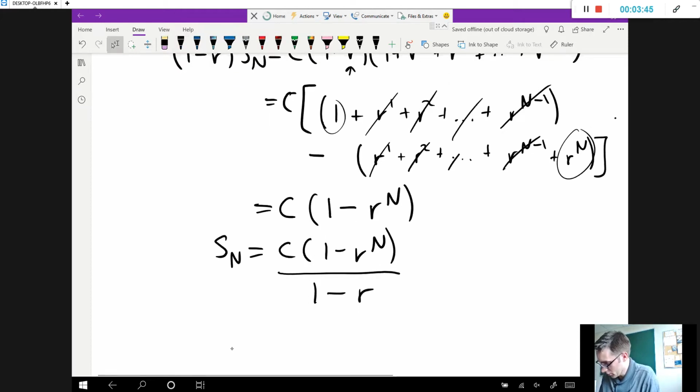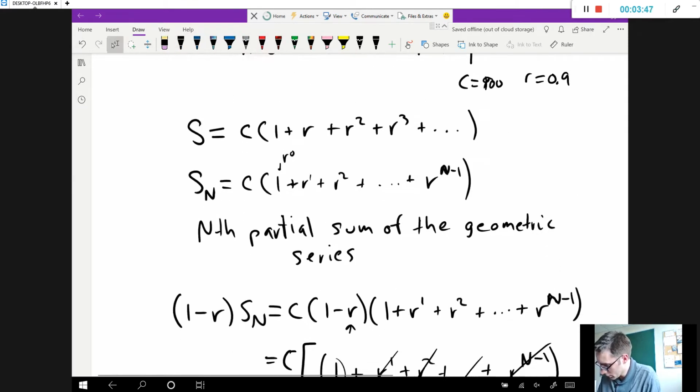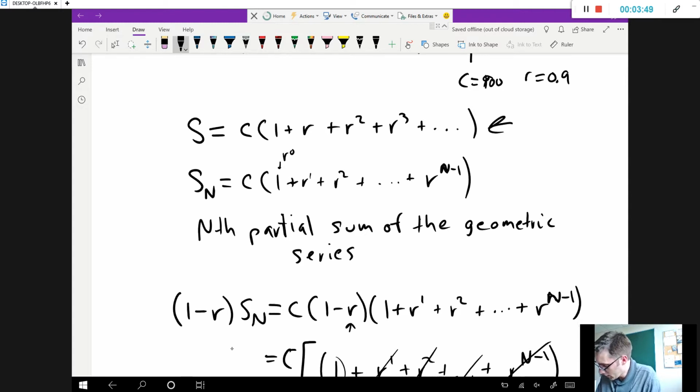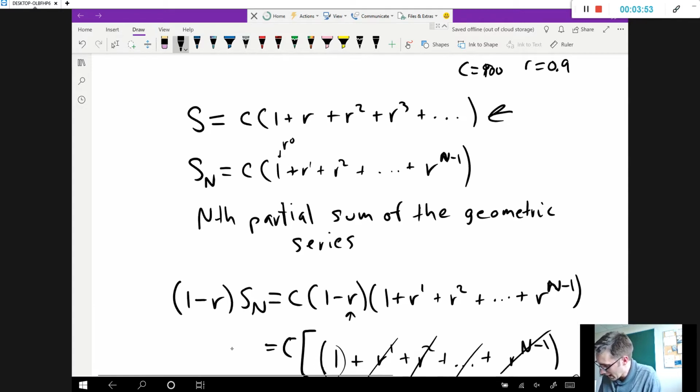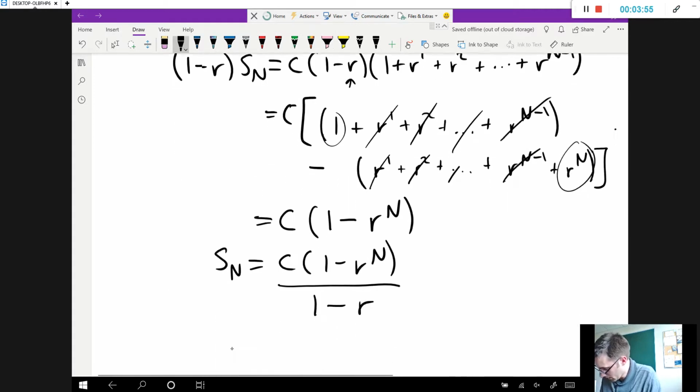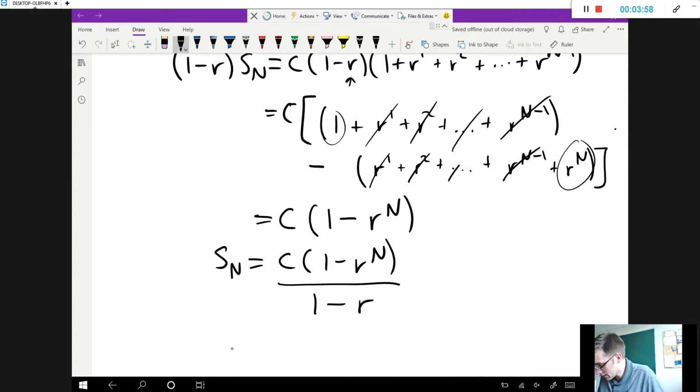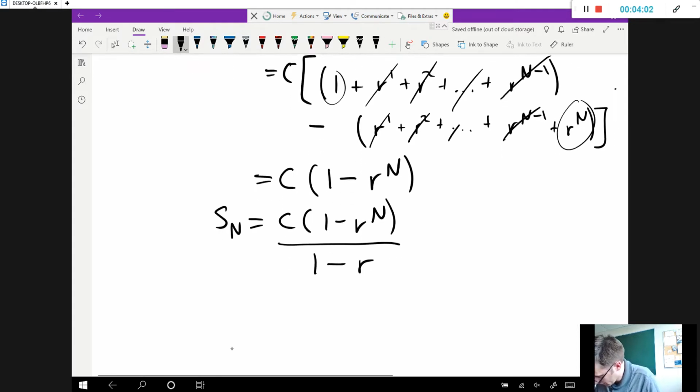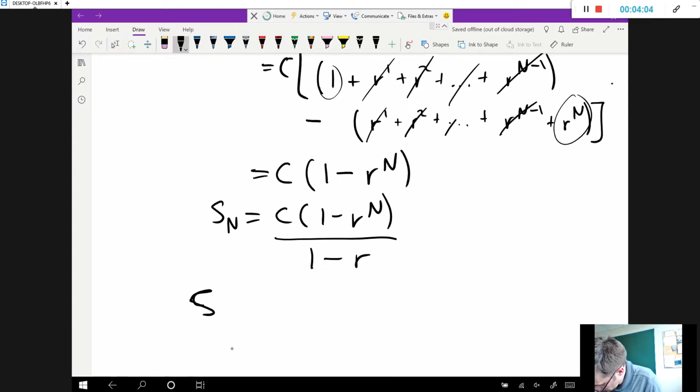Okay, so let's remember where we were headed. We're trying to describe this sum. And what we did is we started by identifying the formula for the partial sums. And now we found a new formula that is a little simpler, and it doesn't have an infinite sum in it. Okay? So the total sum, the sum of the geometric series, must be equal to the limit as n goes to infinity of Sn.